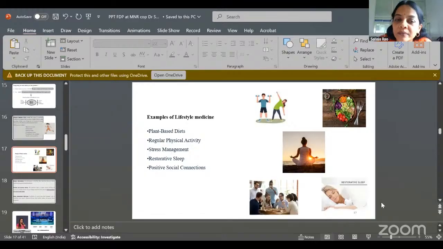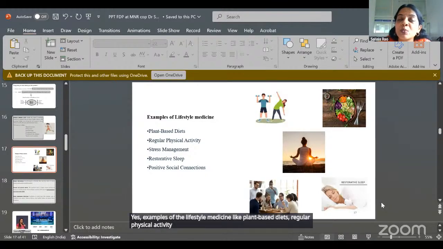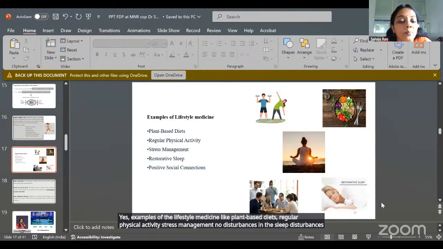Yes, examples of lifestyle medicine are plant-based diets, regular physical activity, stress management, no disturbances in sleep, and positive social connections, where this last point is considered a stress reliever. Next slide.